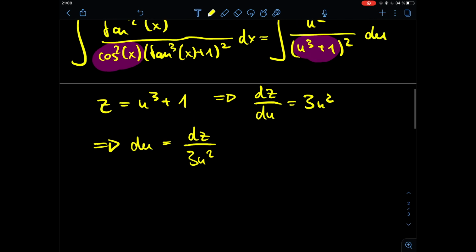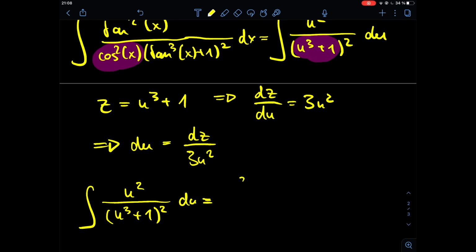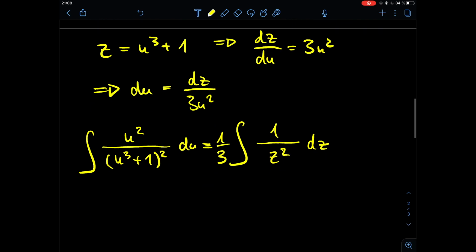Our integral has been u squared divided by the quantity u to the power of 3 plus 1, squared, du. And now with our new variable z, we are getting 1 divided by z squared, times 1 over 3, dz. That's it.